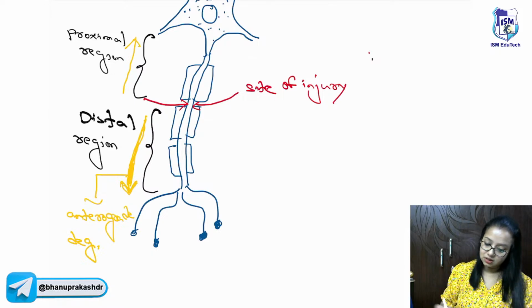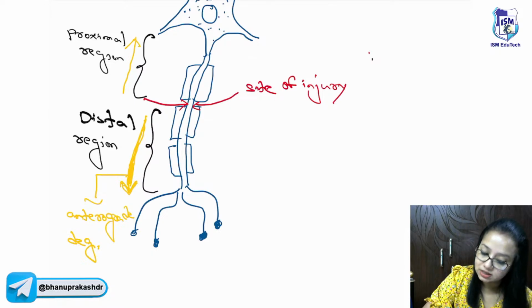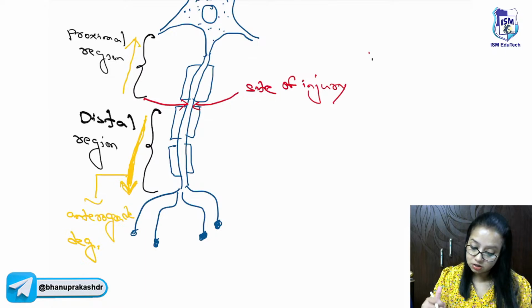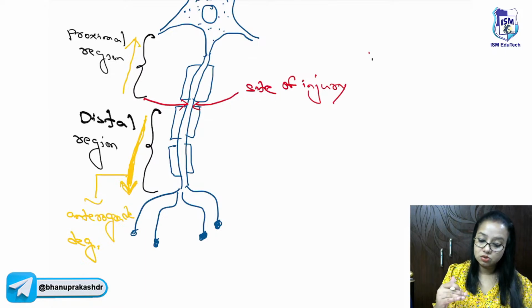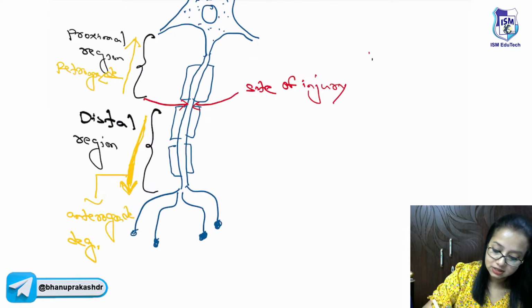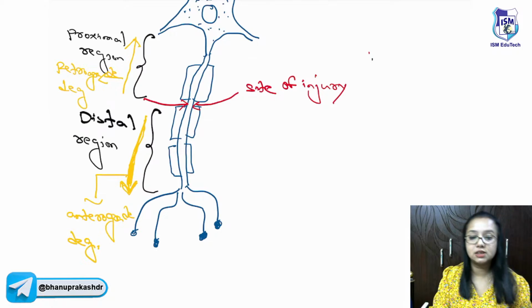Okay. Whereas here, in the proximal region, the degeneration happens from the axon towards the cell body, going in the opposite direction. That's why it is termed the retrograde degeneration.